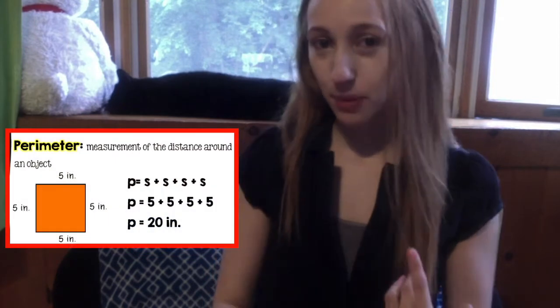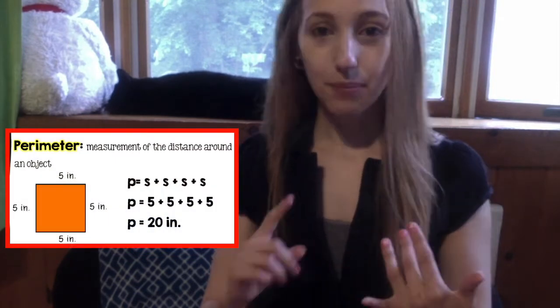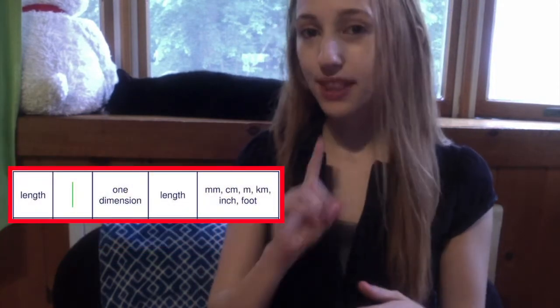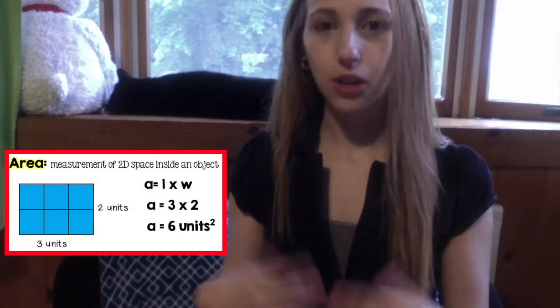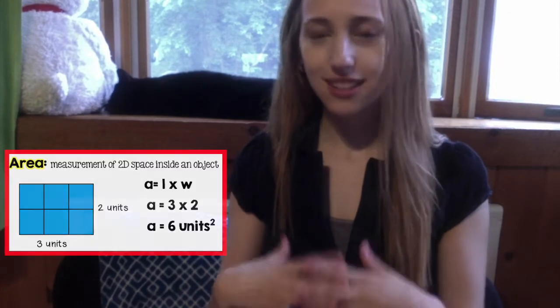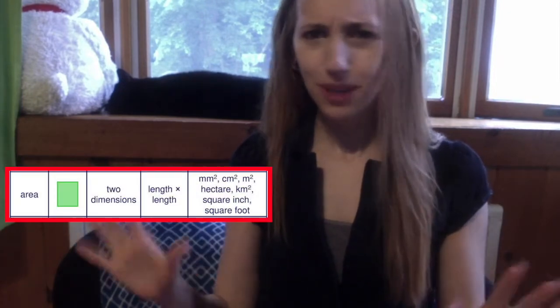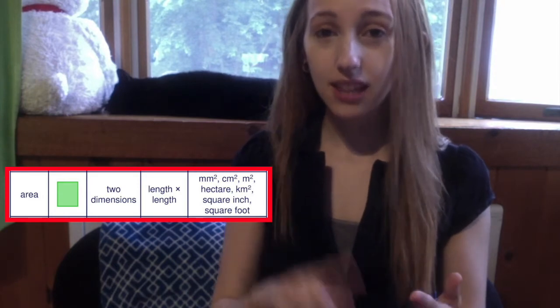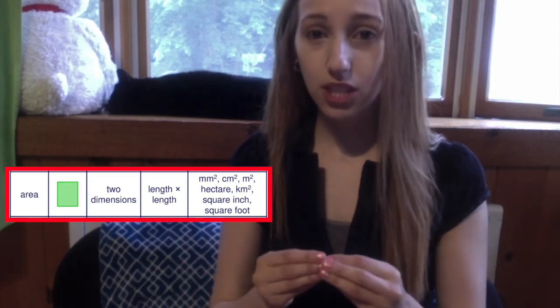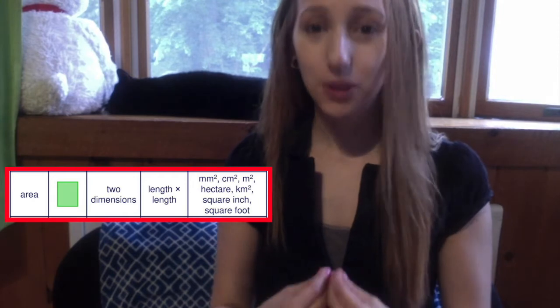We have talked about perimeter, which is measured in units, because it is just length, it is one dimension. We have talked about area, which is measured in squared units, squared feet, squared meters, squared any unit really, because it is measured in length times width. It is multiplying two dimensions, and therefore we have to multiply the units as well.